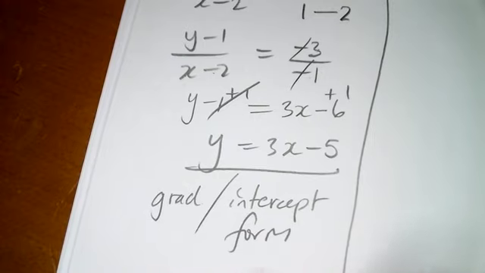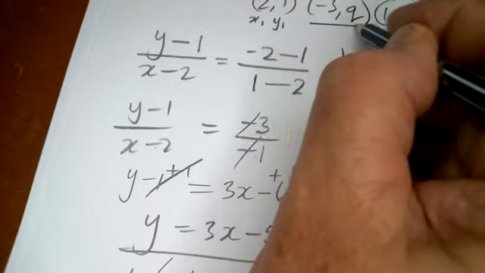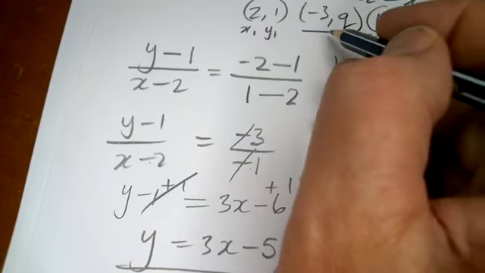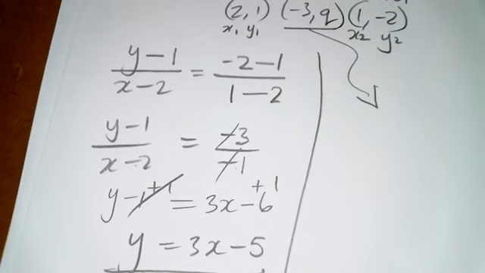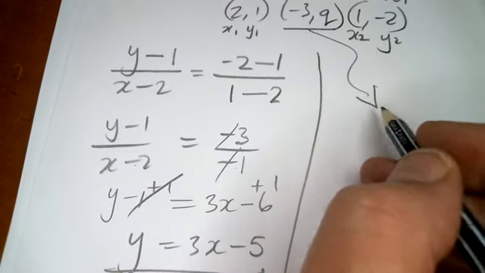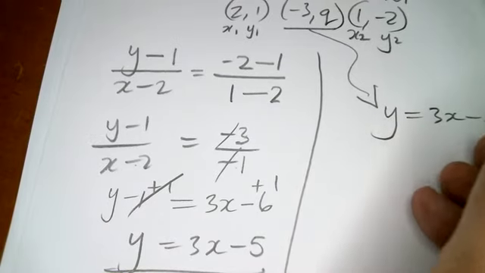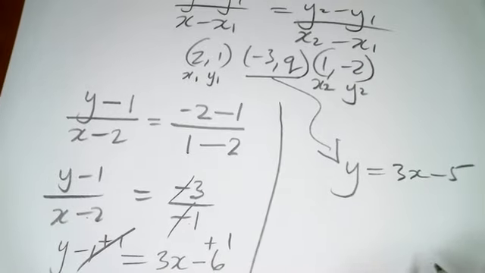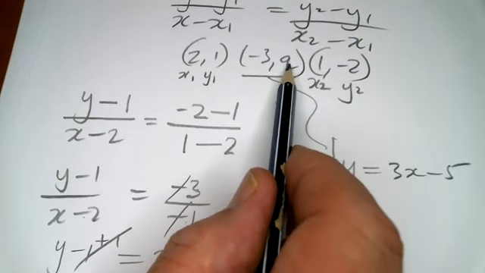So now let's take the other point, which was this one here, and let's bring this down and let's see how it works out applied to the formula. Because really y now, which is y equals 3x minus 5, really y is q, because q is the y value.